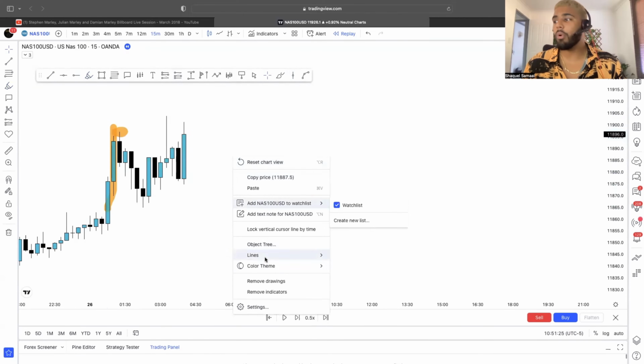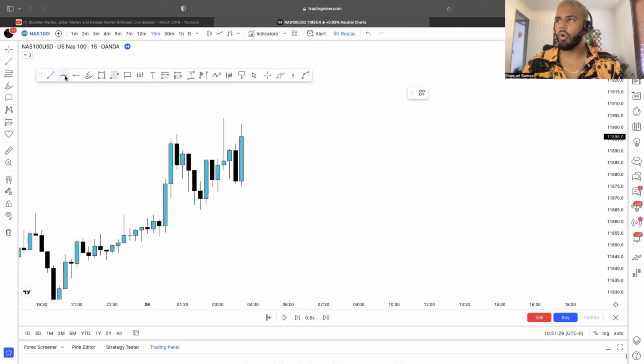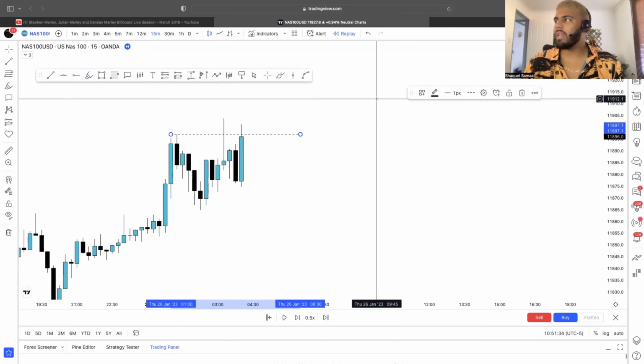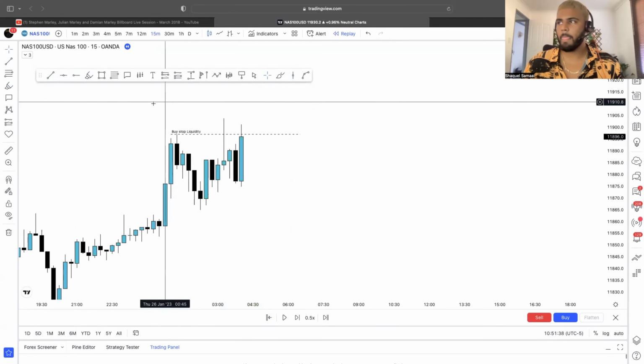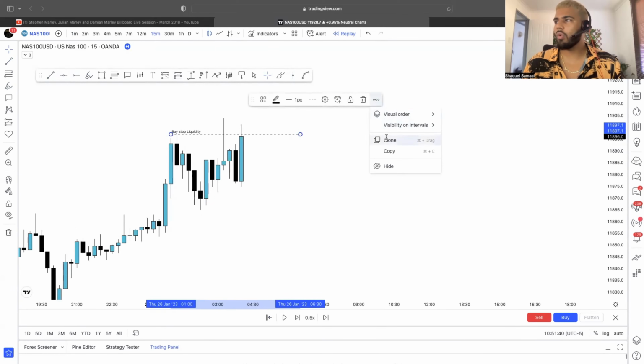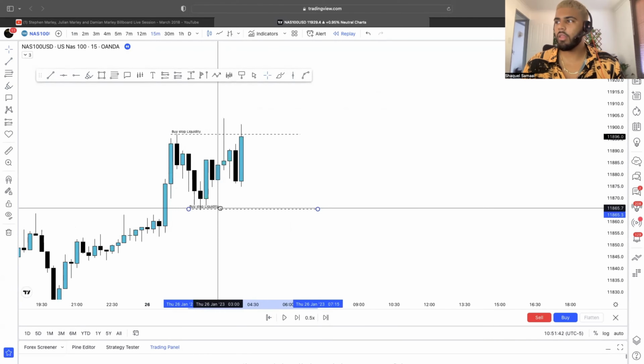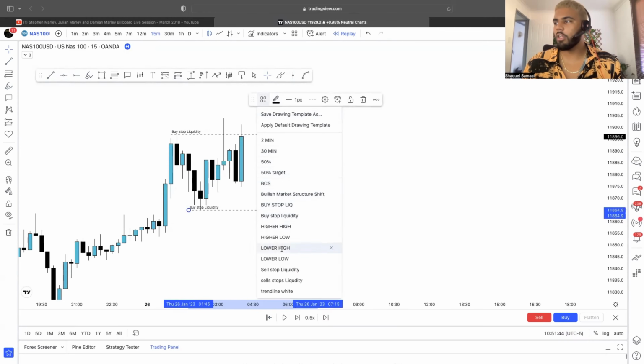That's very important to us. So when we see something like that, we spot it off with a trend line like that, and we label that as buy stop liquidities, and at the bottom we label it sell stop liquidities.